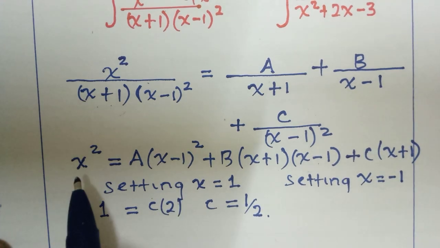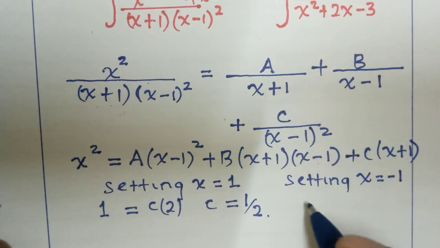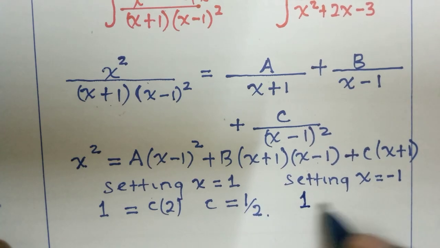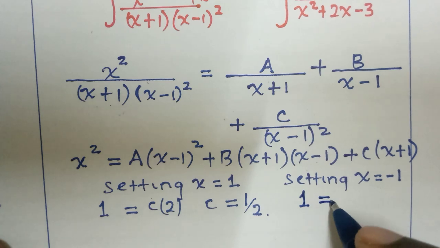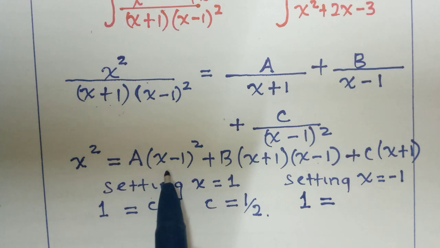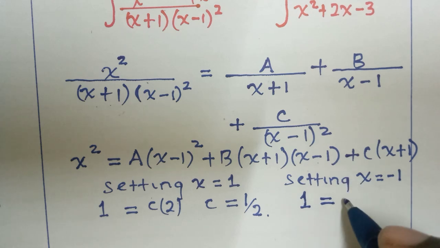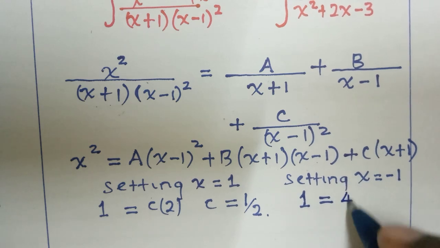So when we put -1 there, squared, we shall have 1. This is equals to, we put -1 here, will be -1 minus 1 will be -2. -2 squared will now be 4. So we shall have 4a.